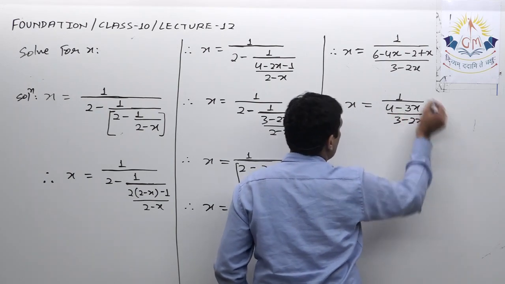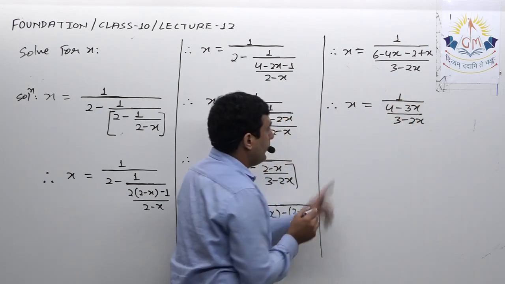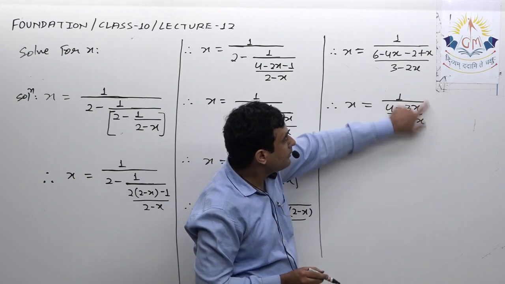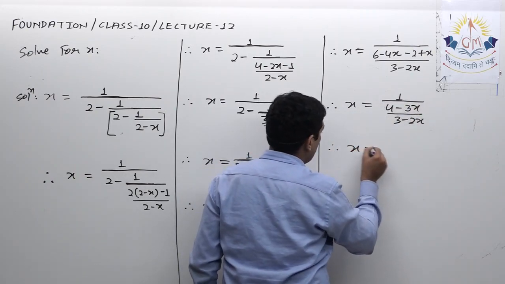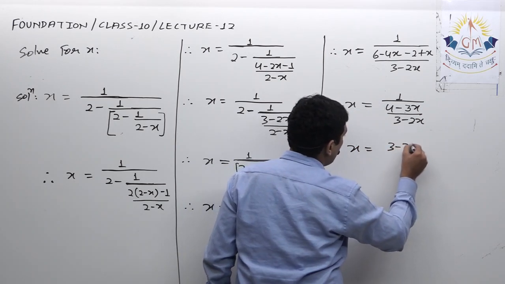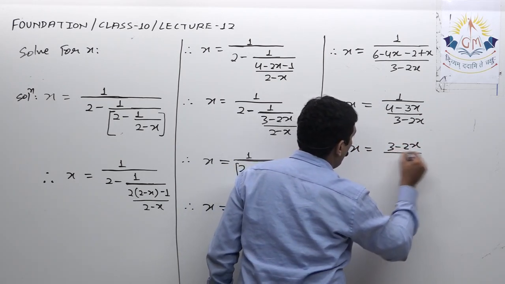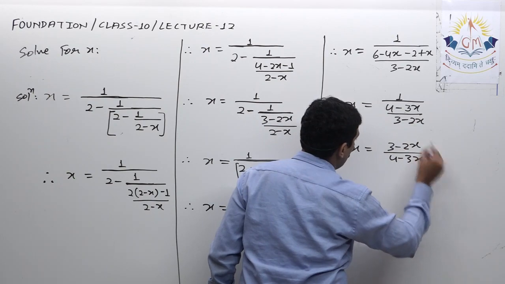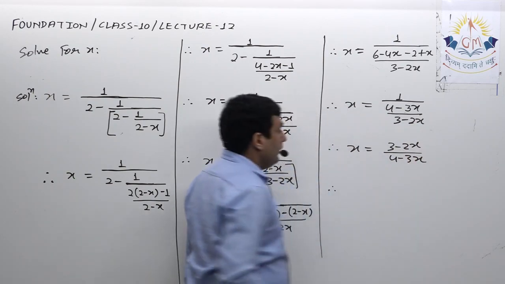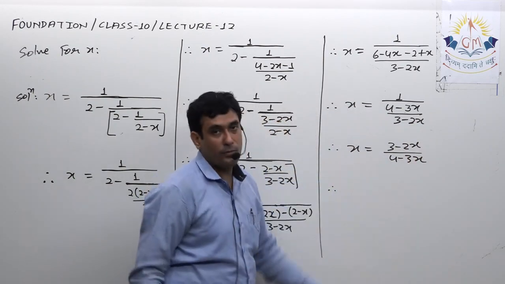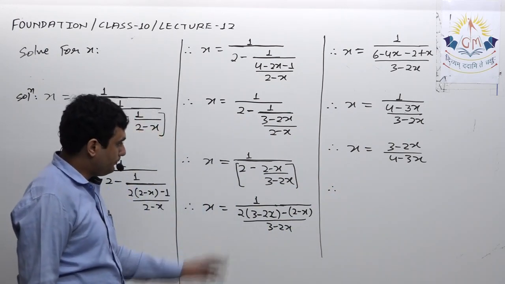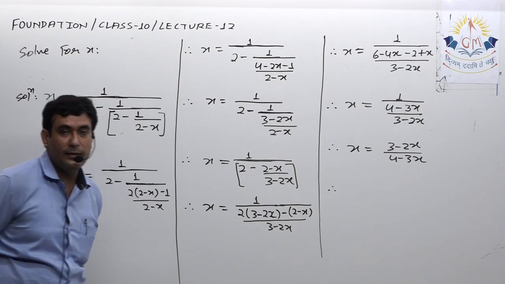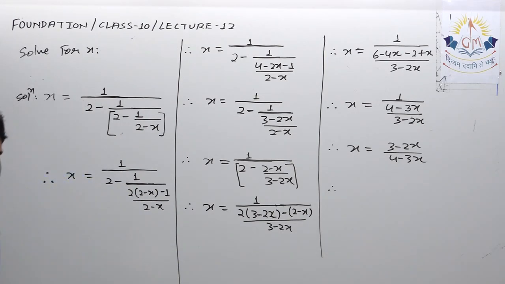Now again, as I told you, 1 divided by something, so this denominator comes in the numerator. Therefore x is equal to 3 minus 2x upon 4 minus 3x. Now by cross multiplication we'll get a quadratic equation. So try for a while, then I will give you its remaining solution.